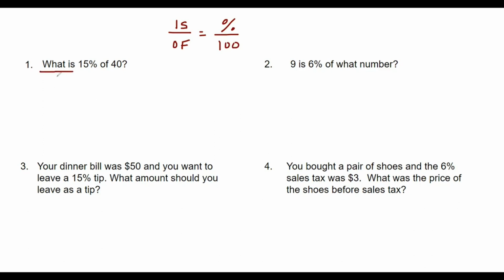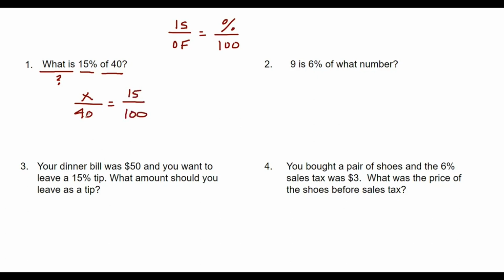That means we do not know what the is part of that proportion is. We do know that it's 15%. That will go in the upper right-hand corner, and of 40. So we can set this up and put an x in the place of is. x over 40 is equal to 15 over 100.